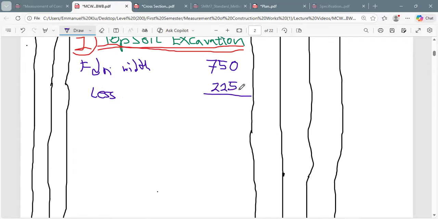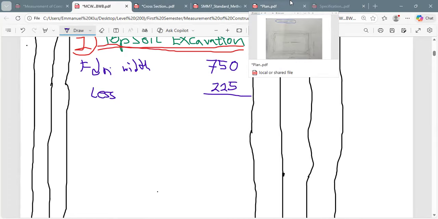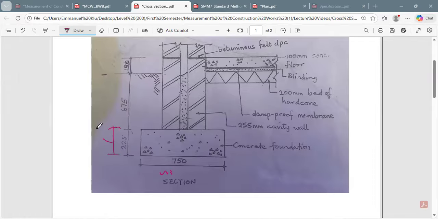Yes, I'll show you now. If we come to the cross section, the 225 is this dimension over here.